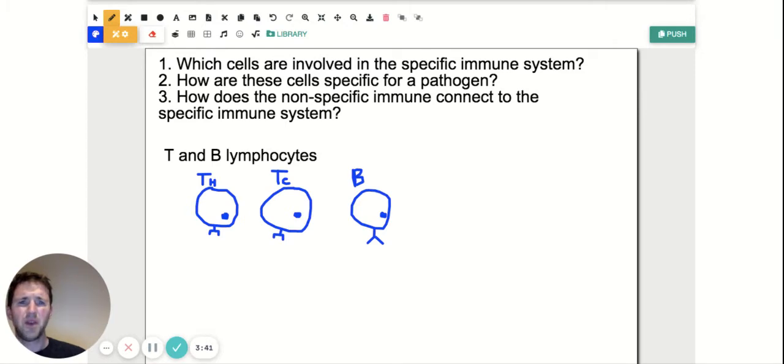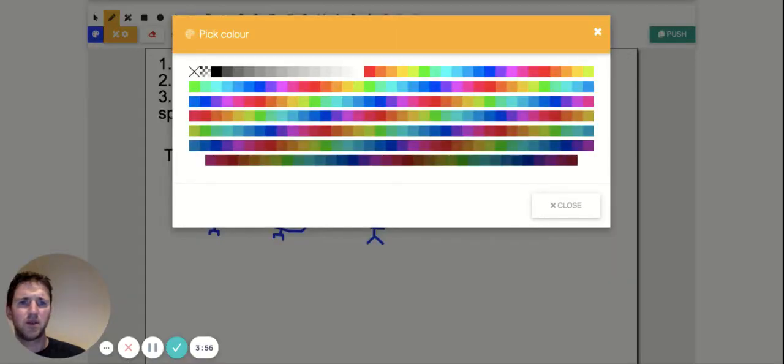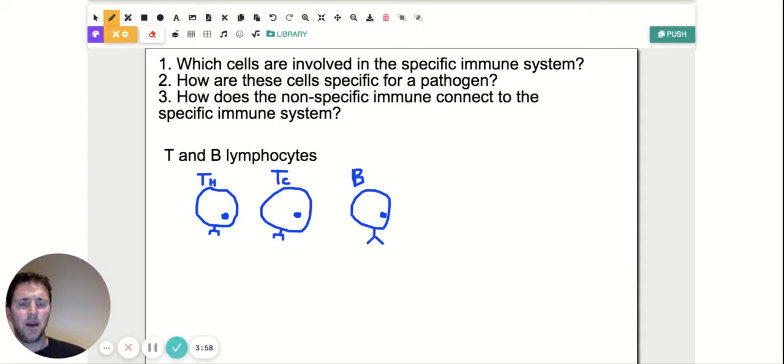How does the non-specific immune system connect to the specific immune system? Well, this is through phagocytes. So if you remember, let's go with a different color here. Phagocytes engulf the pathogen.